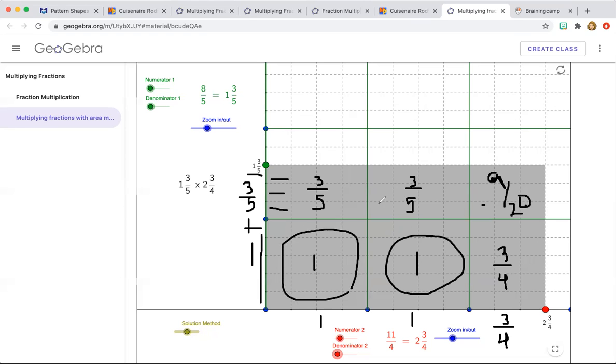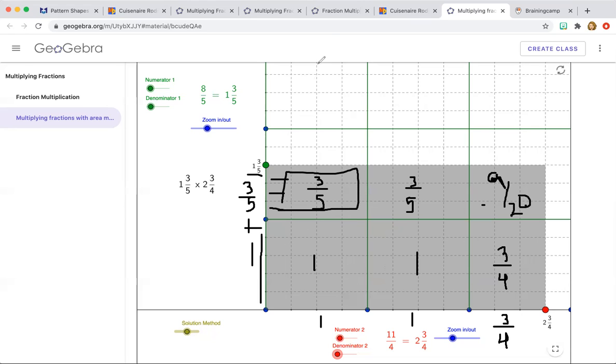And so just like we did with the set model, right, when we talked about defining the whole, as rows and columns, we're seeing that now in this area model. We're looking at the space that's being taken up. This is 3/5, right? You can see 1, 2, 3, horizontally all the way across, or maybe you see it as 1, 2, 3 by 1, 2, 3, 4, right?